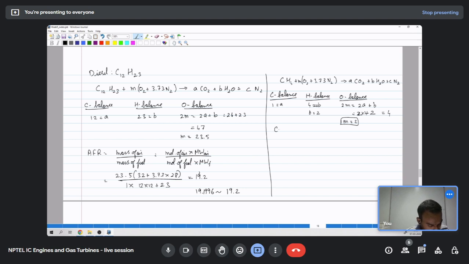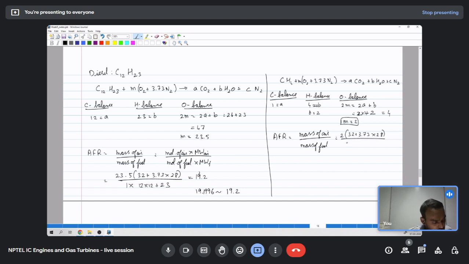So I will have air fuel ratio as mass of air by mass of fuel. For mass of air I have 2 into 32 plus 3.73 into molecular weight of nitrogen, which is 28, divided by mass of fuel.